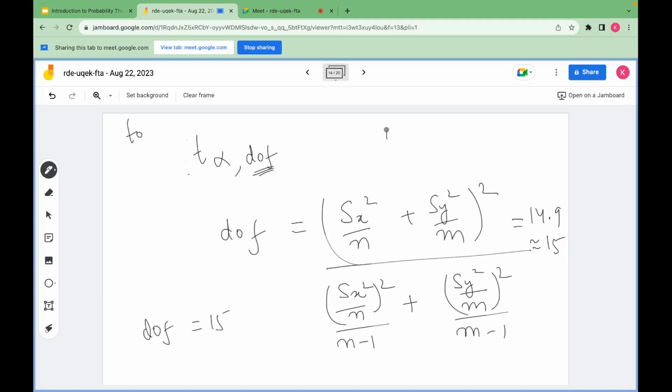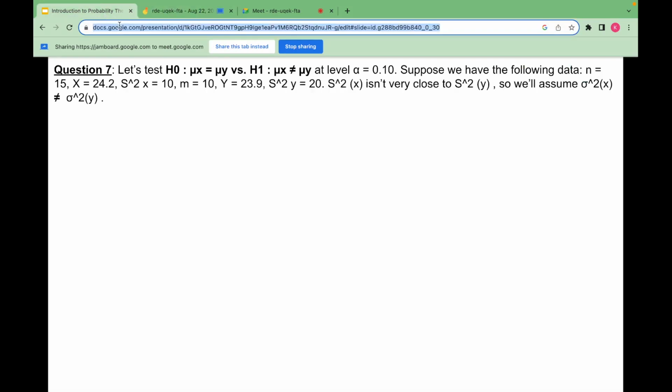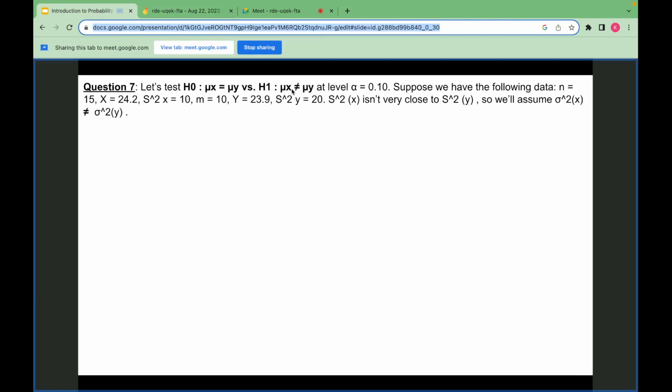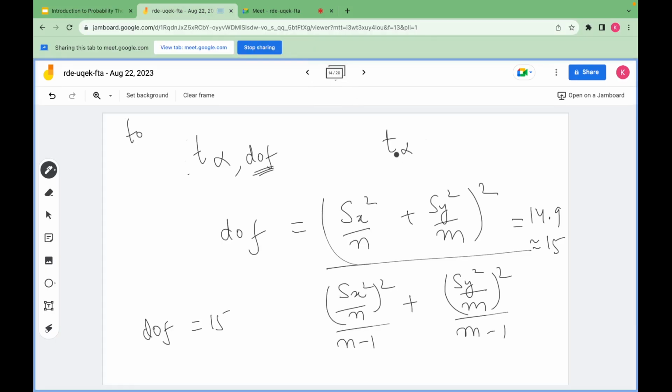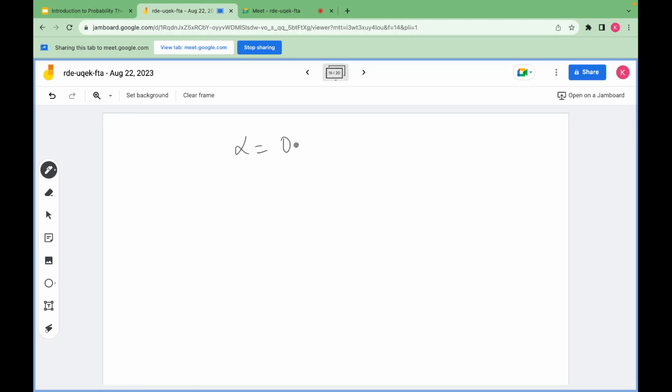For this particular question, the T statistic will be T alpha. Here the alternative hypothesis is not equal to, so this is a two-tailed test. That's why we look at alpha by 2 comma 15. Alpha is given as 0.1, so alpha by 2 will be 0.05.